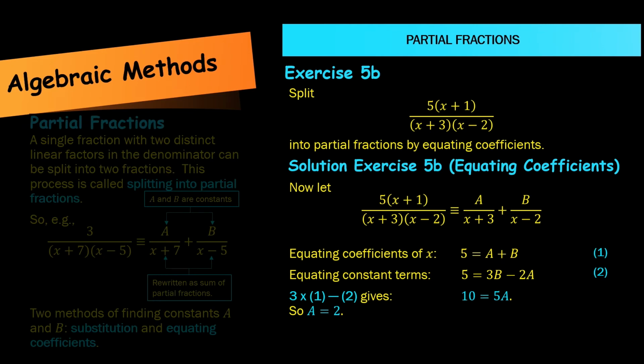And this gives us a equals 2. We can substitute a equals 2 back into equation 1 to give 5 equals 2 plus b. And rearranging this gives us that b equals 3.